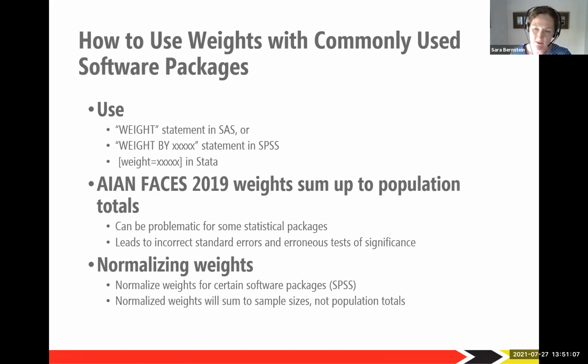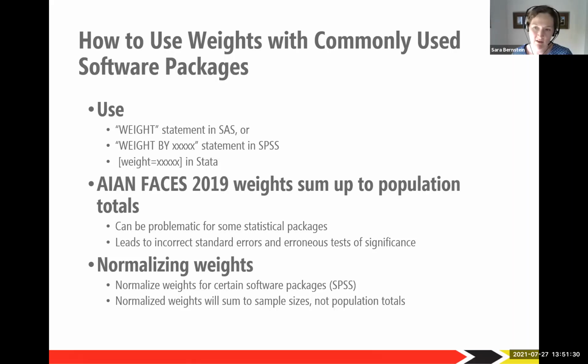The AIAN FACES 2019 weights sum to population totals, so those sums can be very large. And some statistical packages will use this weighted sum for the number of observations when they're calculating variances and standard errors. And that can lead to incorrect and very small variances and standard errors and adversely affect your tests of statistical significance.